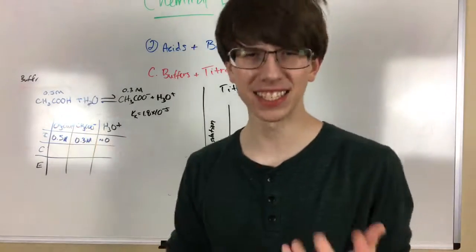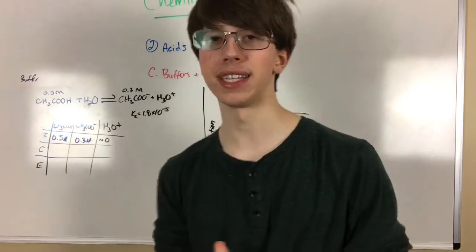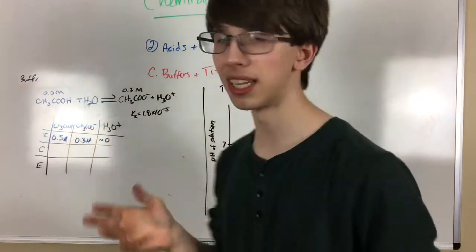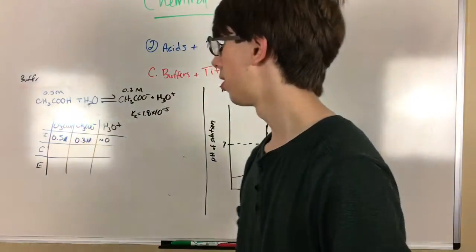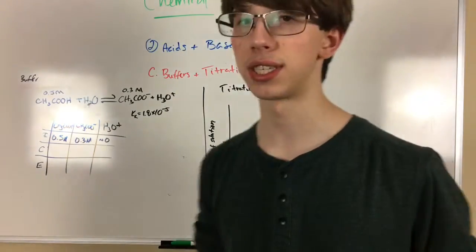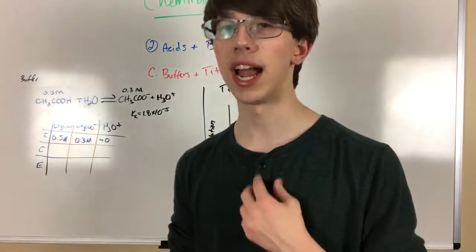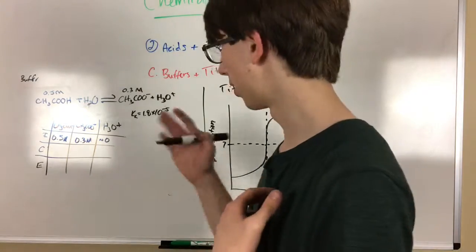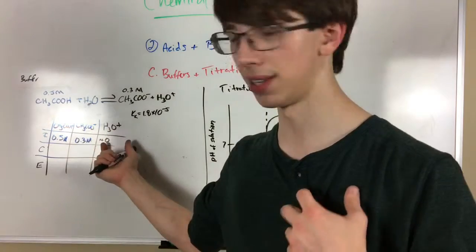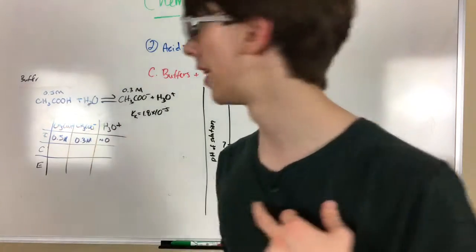And why is it not exactly 0? Because of the autoionization of water, which randomly happens sometimes, which means that there could be a little bit of hydronium within the solution, because water sometimes reacts with itself and has an acid-base reaction equilibrium with itself. But this happens very rarely, and so normally it's just around 0 because it's too small to matter.